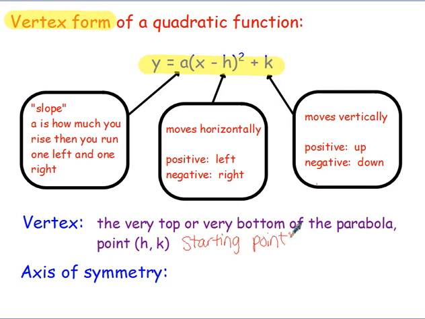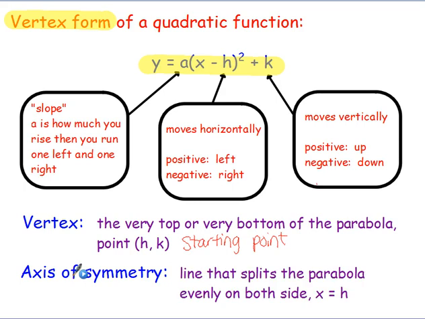Now, the other important piece of information that we're going to talk about is what's called the axis of symmetry. Now, you've heard the word symmetry before. Symmetry is when something is the same on both sides. So the axis of symmetry is simply the line that splits the parabola evenly on both sides. It will always be x equals h.